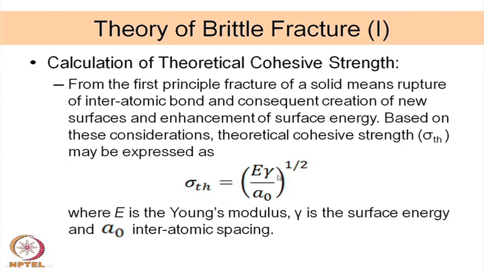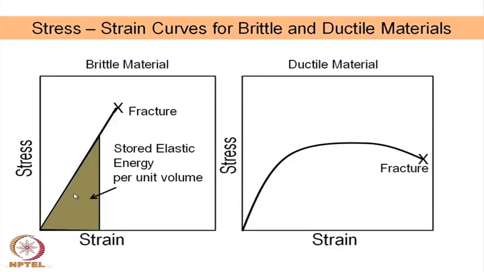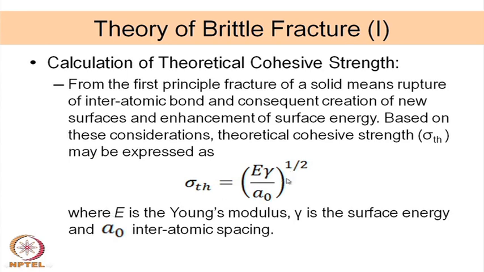Gamma is the surface energy, because you are creating additional surface, and A0 is the interatomic spacing, because this fracture is taking place at the atomic level. So, the two atoms having an interatomic spacing of A0 are now getting separated.